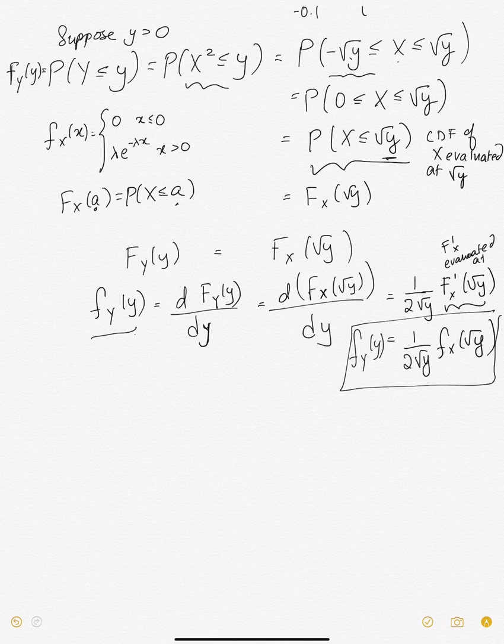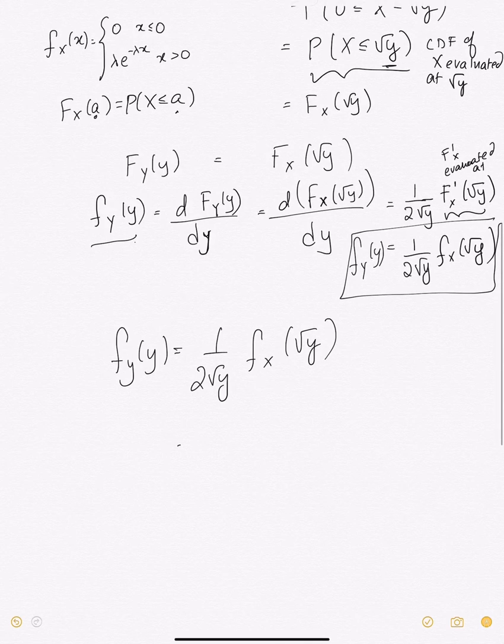So let's actually write down explicitly what it is. It's 1 over 2 square root of y times the density of X evaluated at square root of y. What is that? 1 over 2 square root of y.